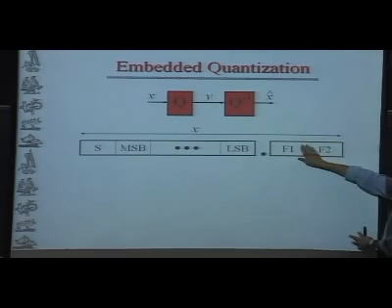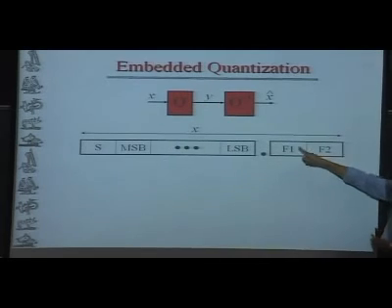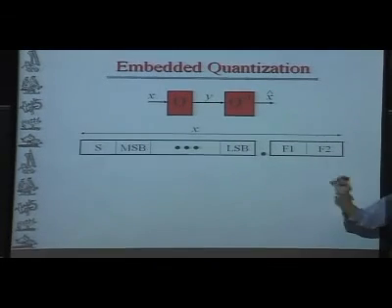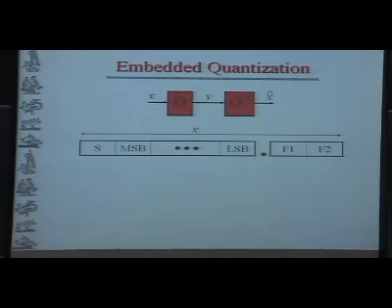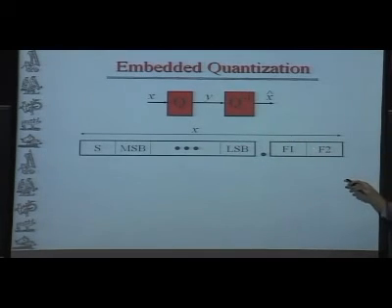So 1/2 means you have a 1 here. 1/4 means you have a 0 here and a 1 there, so on and so forth. That is the way we represent fractions in binary. So x is going to be a combination of an integer part and a fractional part in binary.